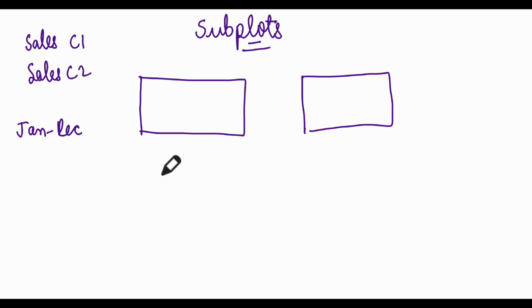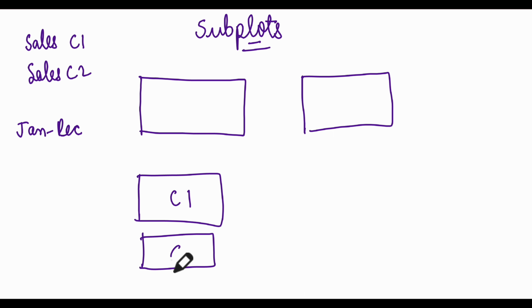Or you would like to have sales of company one here, let's say C1, and C2 there, so that you can actually check how C1 is varying, how C2 is varying, and you can decide whatever insights you want to draw. Now how to do that using Python?